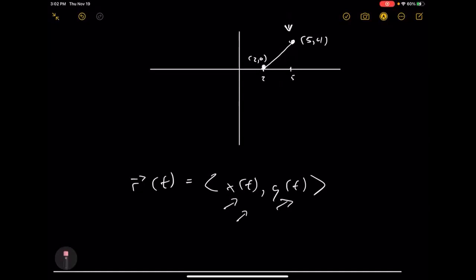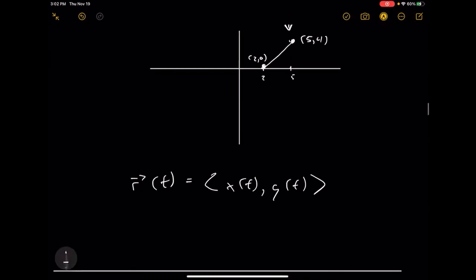This goes back to chapter 12, writing the equation of a line in vector format. So I'm going to take the initial point, (2, 0), and then add t times the vector between the two points. The vector that connects (2, 0) to (5, 4) would be (3, 4), right?